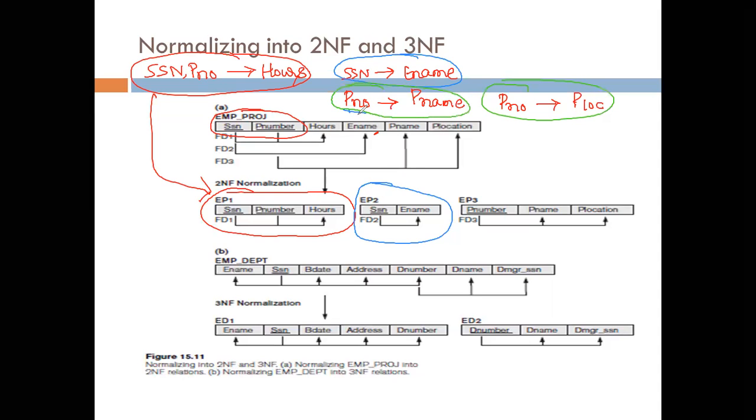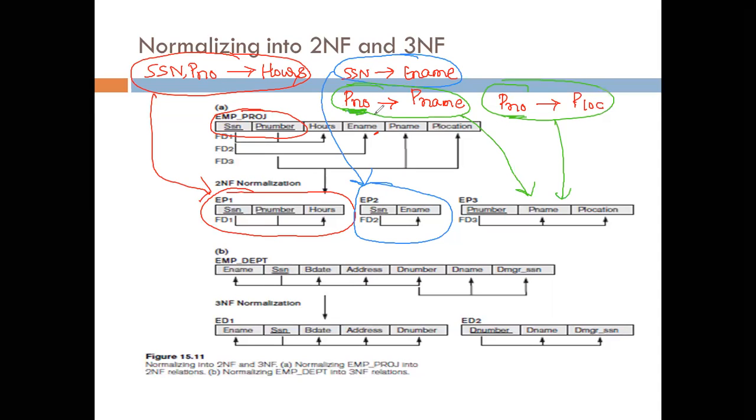So both are dependent on project number only. So these two can be put in a single table. So for this one, it is another table. So three categories are there. One non-prime attribute, hours, depends on both.